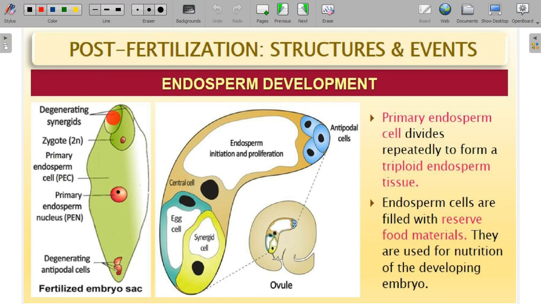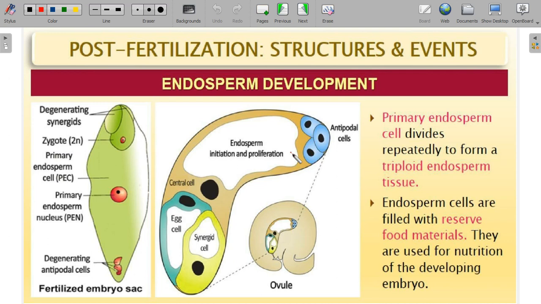So, in the post-fertilization events, synergids will degenerate. Zygote is there now. Primary endosperm nucleus with primary endosperm cell is there. Antipodal cells degenerate. Now, we're going to take only the zygote and the primary endosperm cell. For this to understand, we have to take the example of coconut. When you take tender coconut, there are two different things.